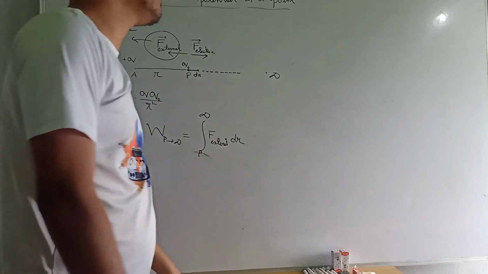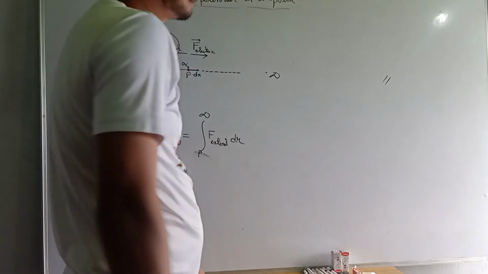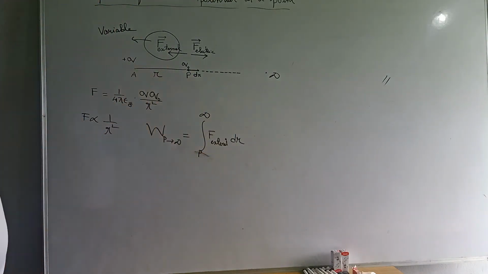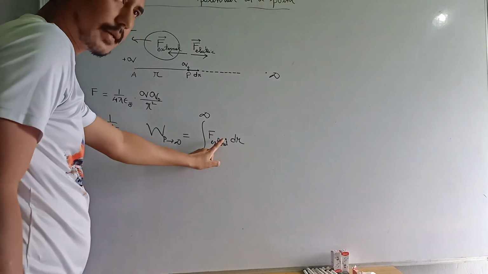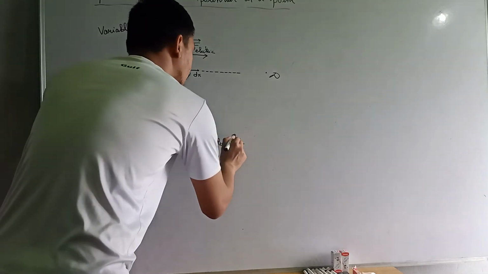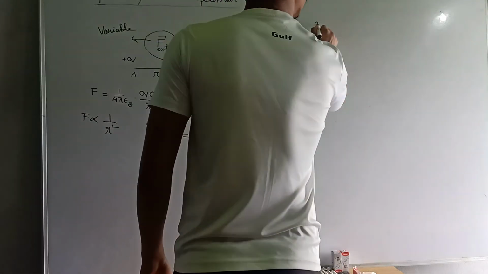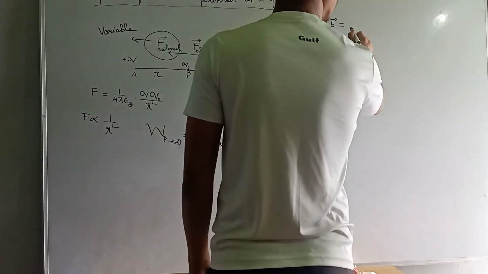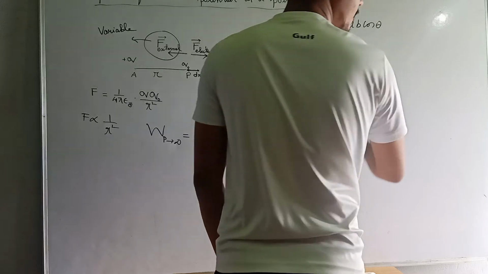If it is a constant force, then work done means force into the displacement, end of the story. But here work is done by the variable force. This is the formula for work done by the variable force. Now, the dot product, you can write in vector form. The dot product of two vectors A and B is defined as magnitude of A, magnitude of B, with the cos of the angle between them.